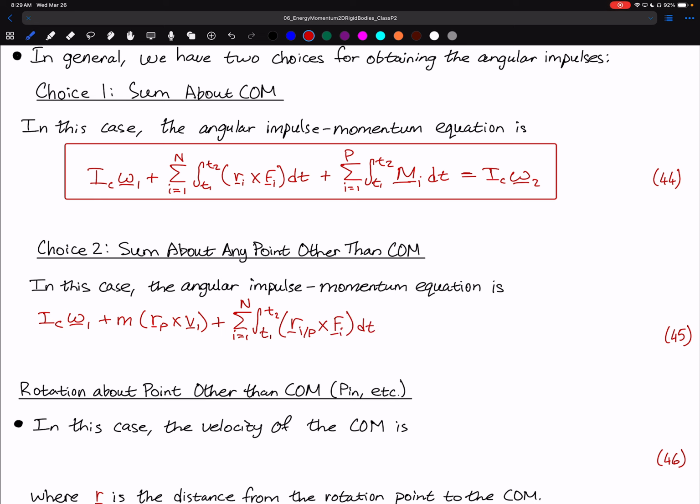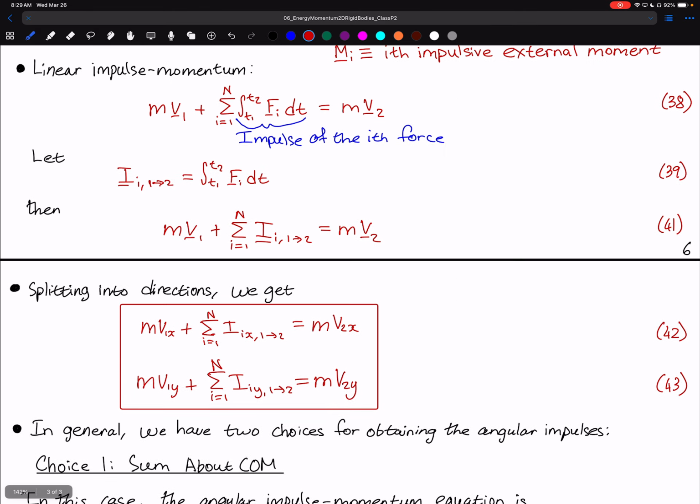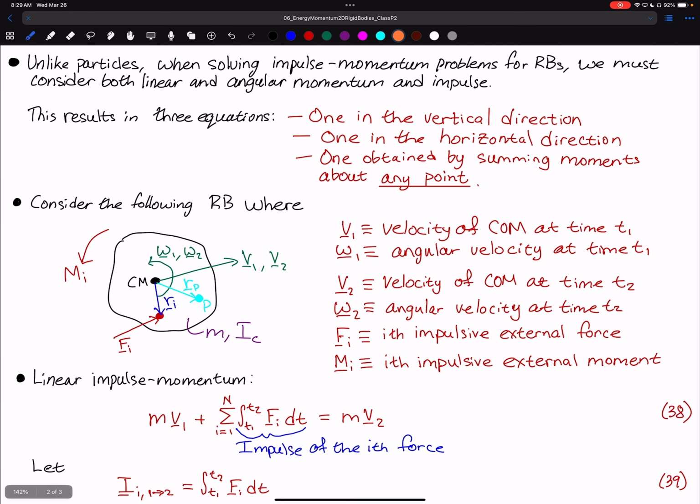I'm just going to go back to my rigid body. This pink vector is that relative position. Actually, it needs to go the other way. It's r sub i/P, so the relative position of i with respect to P.